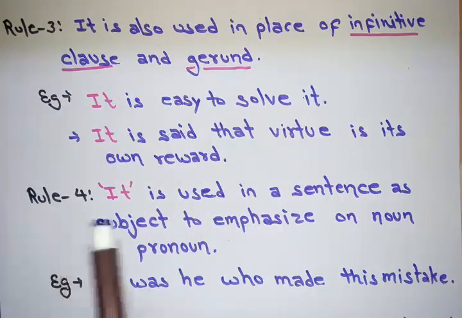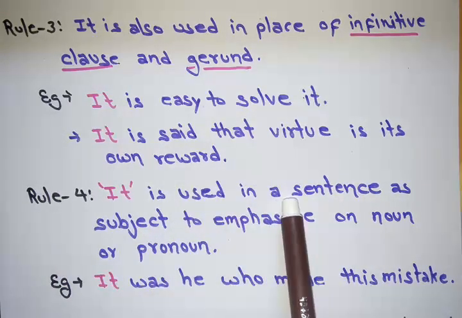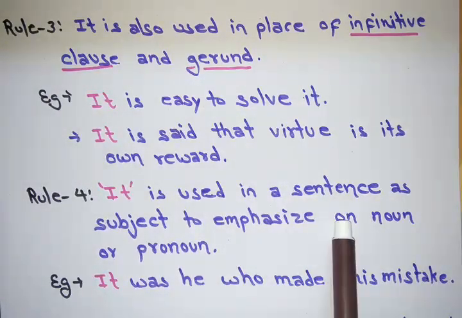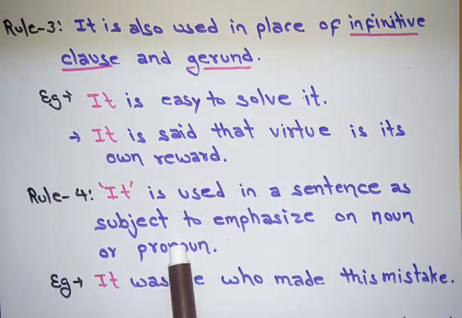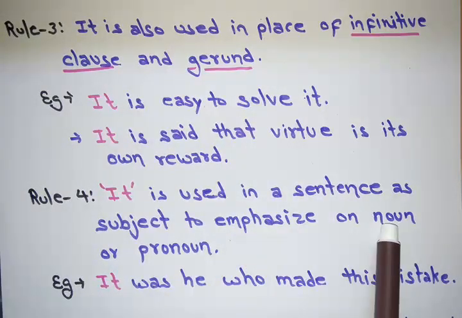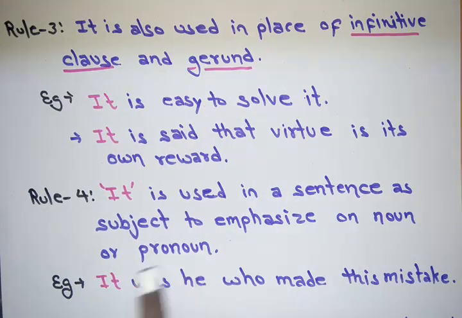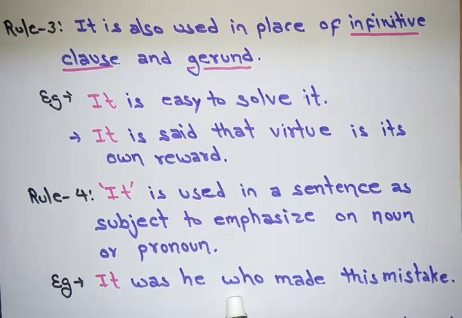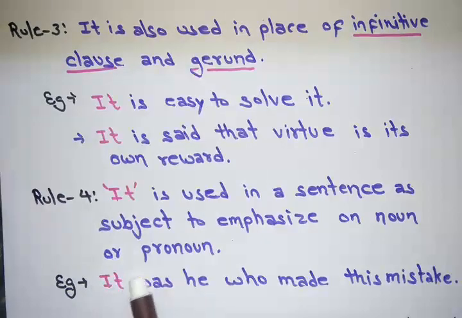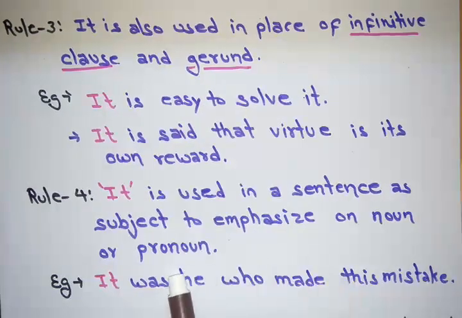Rule number four: "it" is used in the sentence as a subject to emphasize a noun or pronoun. For example, it was he who made this mistake. So it emphasizes who made this mistake.